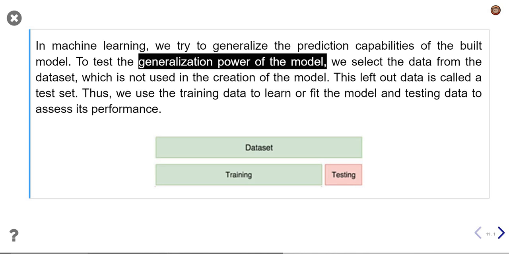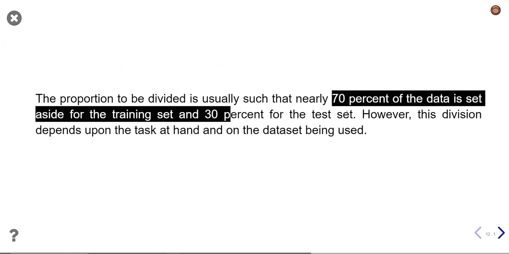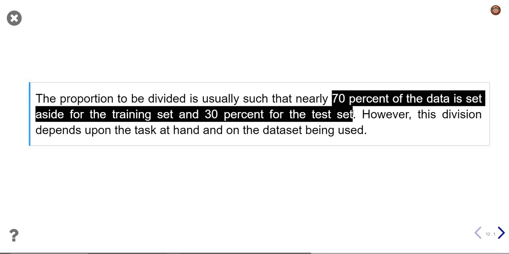But if you train with a larger data set and test with a small percentage, the generalization power becomes better. Got it? Able to understand? The proportion is usually, though this is not a set rule, 70-30. 70% we use for the training set and 30% for the test set.